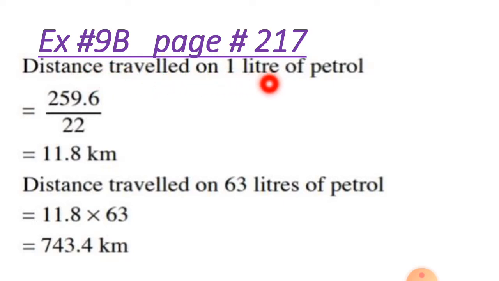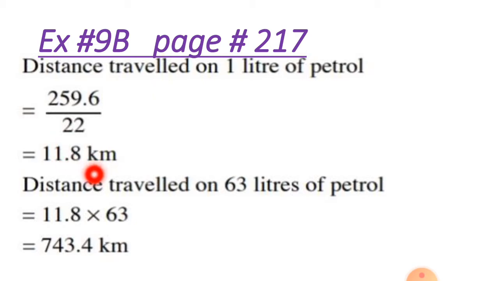Distance traveled on 1 liter of petrol. Now we have to find out first of all the 1 liter. For that, 259.6 kilometers will come in the numerator, and in the denominator we have 22 liters of petrol. When we calculate these both numbers, we will get 11.8 kilometers.